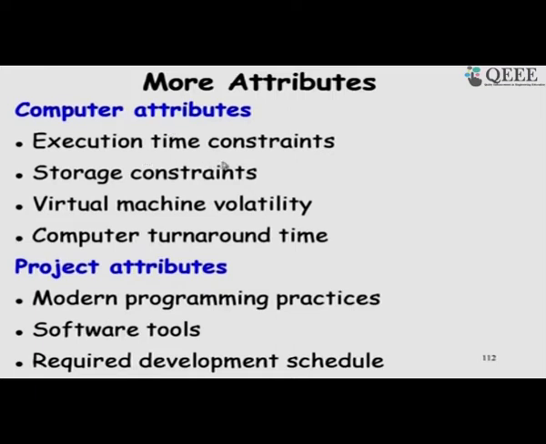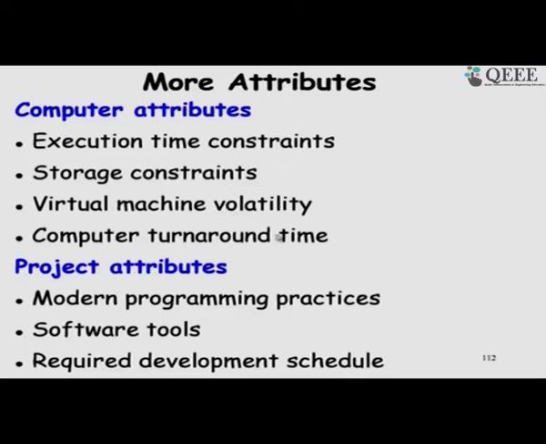So, are there constraints on how fast the software would complete; storage constraint, how much data does it need; virtual machine volatility. So, is the software going to work on various types of computers, or is it just targeted to one type of computer?